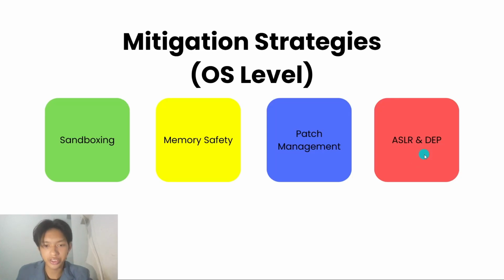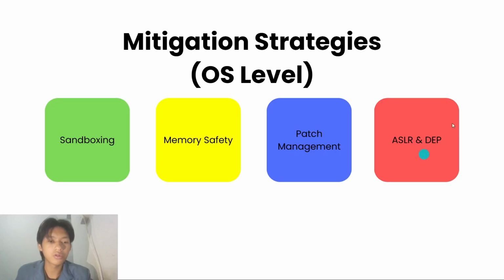These are the mitigation strategies. So, how do we fight an invisible enemy? At the operating system level, we use sandboxing, like Apple's BlastDoor, which isolates the parsing process so it cannot reach the rest of the system.